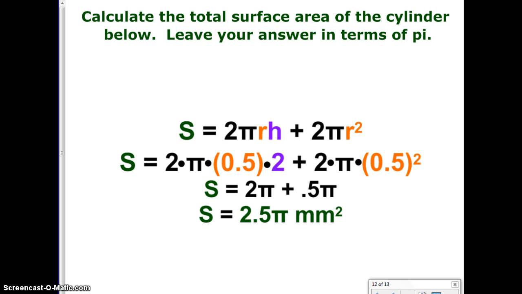The diameter was 1, and half of that is 0.5. As we take 0.5 times 2, we get 1, and then that number 1 times this 2 gives me 2 pi. A half squared is going to be 25 hundredths, and 25 hundredths times 2 gives us a half. We add them together to get 2.5 pi millimeters squared.